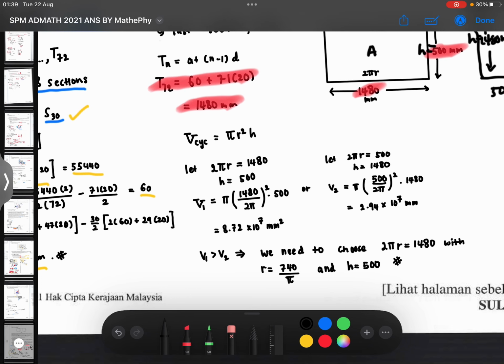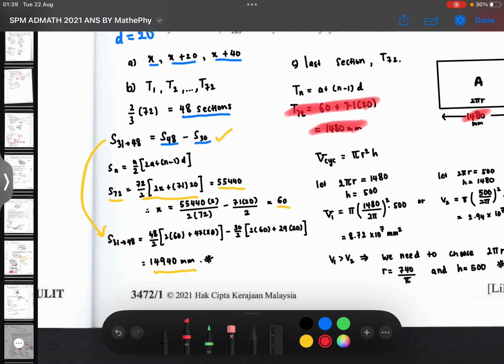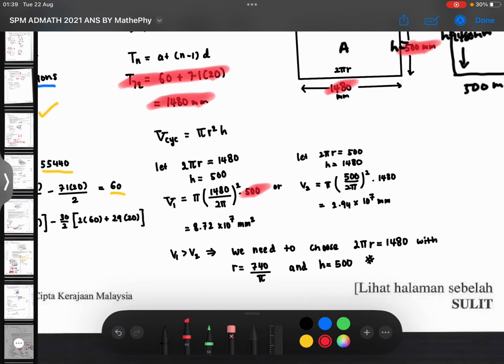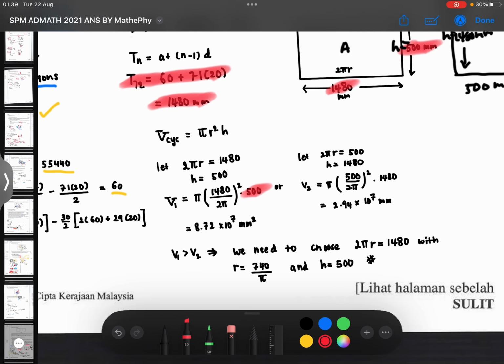So for the first case over here, for V1, I choose the height to be 50, and then the radius is, because we know that the length is basically the circumference of the cylinder, because we roll it to form the circumference of the circle at both ends. So we know that the circumference of the cylinder at both ends is 2 pi r because it forms a circle.